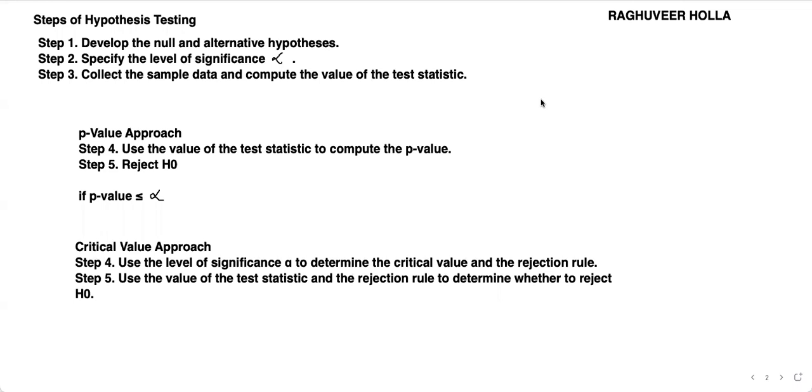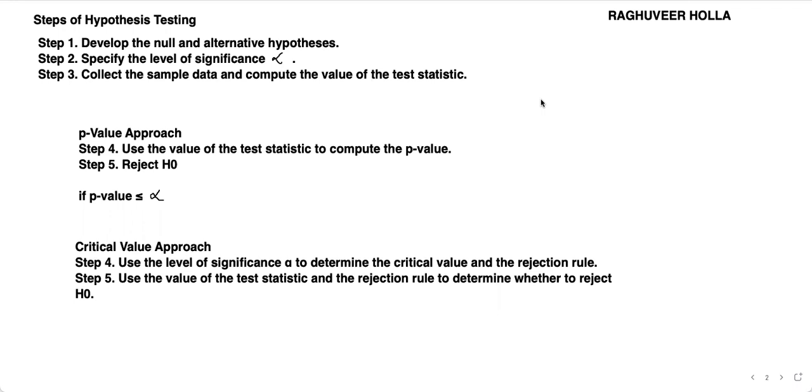And then step two, specify the level of significance, which is alpha, and collect the sample data and compute the values of test statistics. Now, in this, we have two approaches, that is p-value approach and critical value approach.